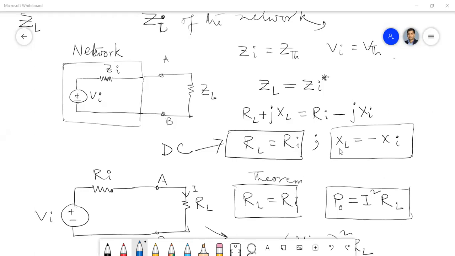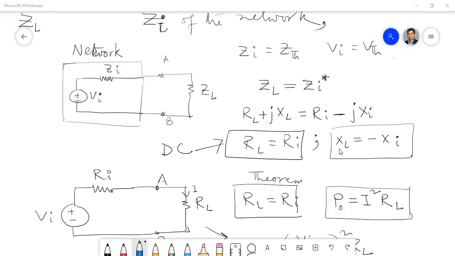If XL is an inductive reactance, the internal reactance should be capacitive, or vice versa. That means if XL is a capacitive reactance, then the internal reactance will be inductive. So that is the actual implication of this equation.